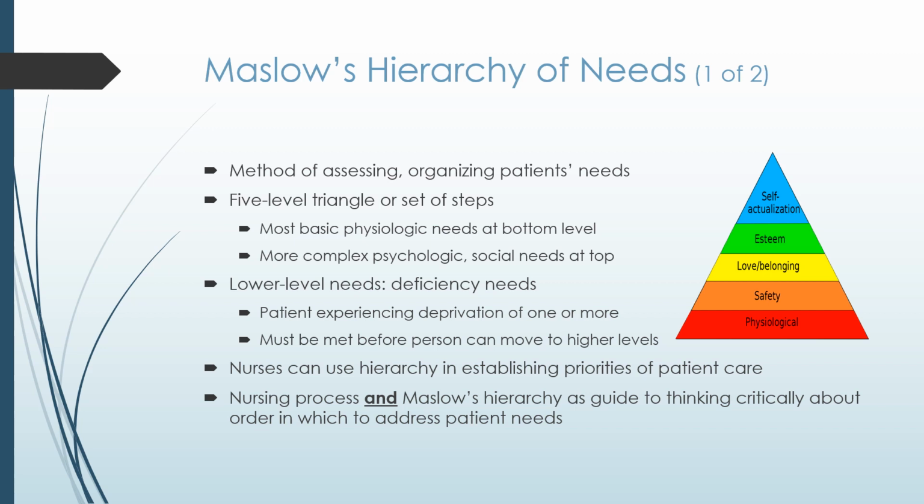Okay, so think about that. These are methods that we're going to use to prioritize our care. The nursing process and Maslow hierarchy is a guide to help you to critically think about the order in which to address the patient needs.